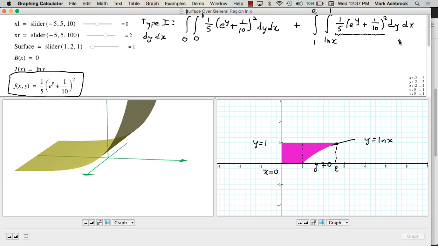What's the antiderivative of that thing with respect to y? Is it 1/5 times 1/3 e to the y plus 1/10 to the third?